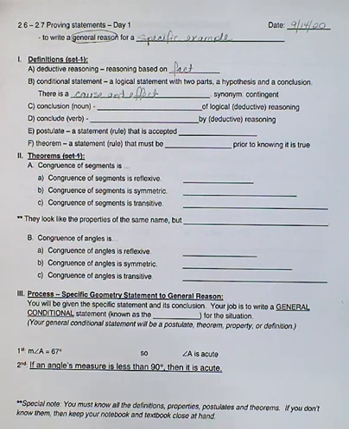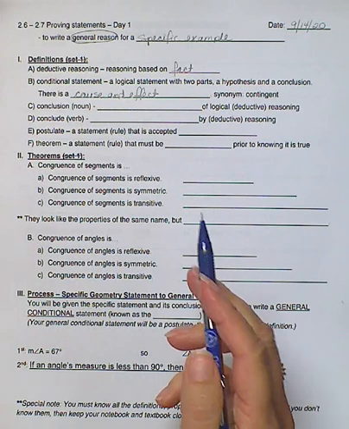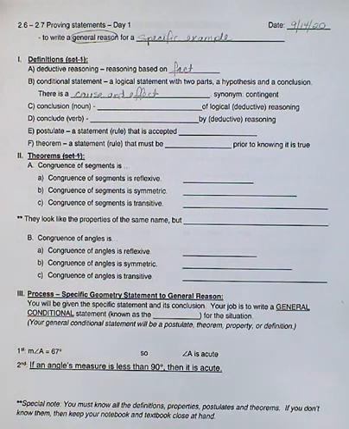So for example, if it is raining, then I will take my umbrella. So the hypothesis is we need to test to see if it's raining. If it is raining, so we're going to test that hypothesis. Is it raining? Look outside. Yep, it's raining. Then the conclusion is that I will take my umbrella. So the rain causes the taking of the umbrella.